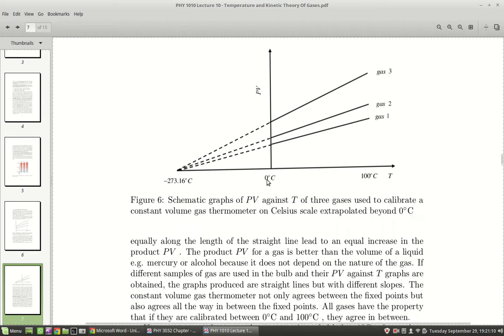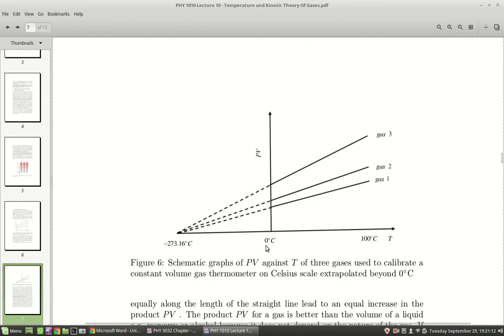The reason why you're using the 0 here is because you use the triple point of water. The triple point of water is 0.01 degrees. If it's 0.01 degrees, then you have that as the 273.15 degrees, like that. The triple point of water is fixed.